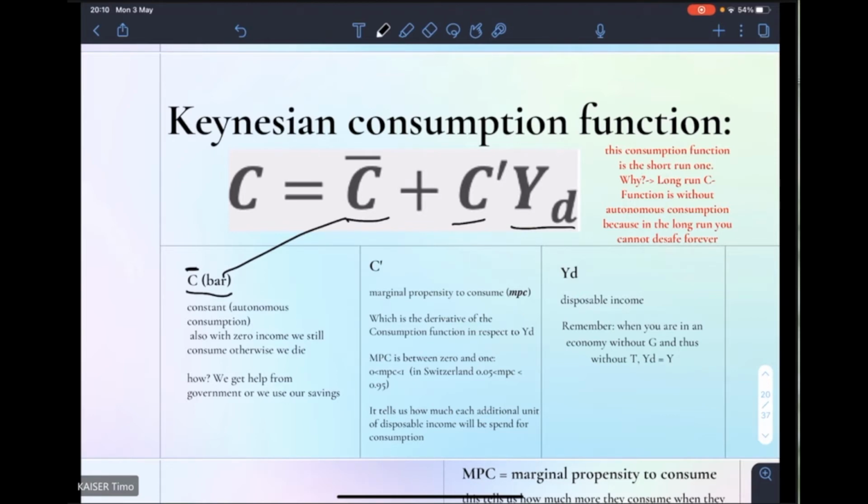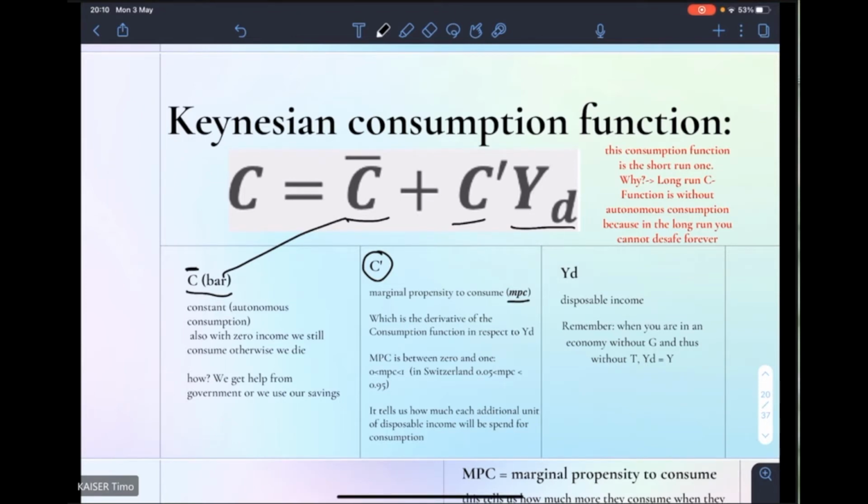It's our autonomous consumption. However, where do we get this money from in order to consume? Because we still need to spend money to get food. Well, either you take it from savings, so you have to de-save, or the government helps you somehow. And then C prime, which is also called the marginal propensity to consume.